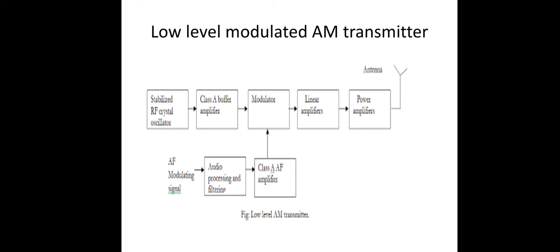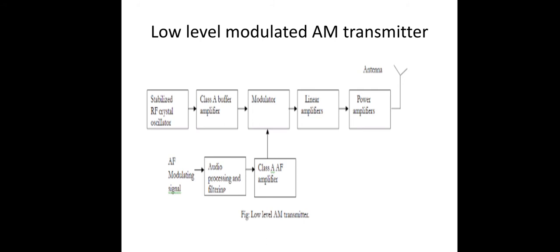Then the modulated signal is transmitted by using the transmitting antenna. This circuit can be used for low level modulation due to the low power which is to be handled, and a low power transmitter does not require a large AF modulator power, which keeps the design simple.